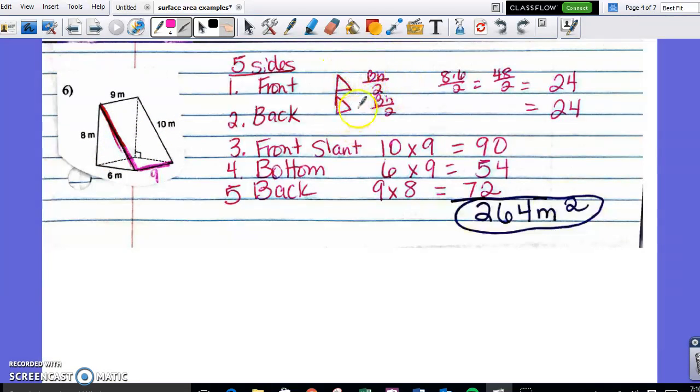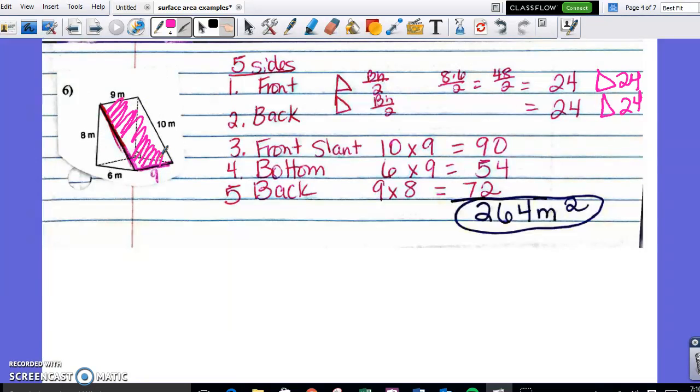Okay, so I just went again with the front. All right, a triangle is 1/2 base times height. I plugged in my numbers and got 24. The front is 24 and the back is 24. I put front slant. That's just basically this big piece that's right here because it is slanted kind of like a ladder.